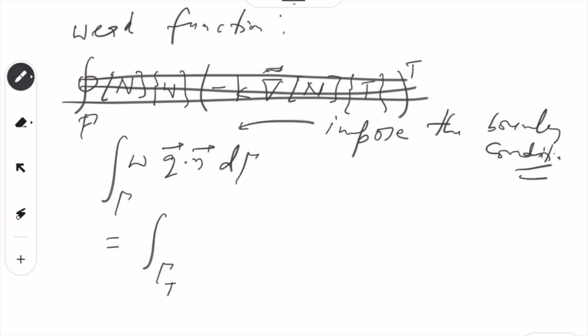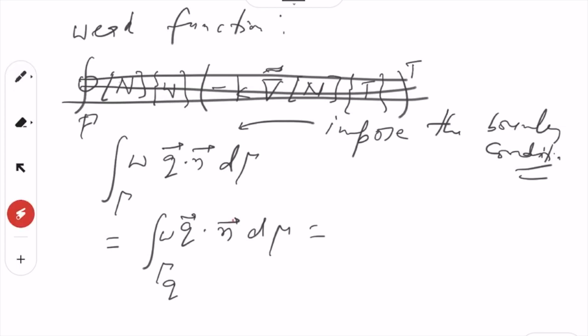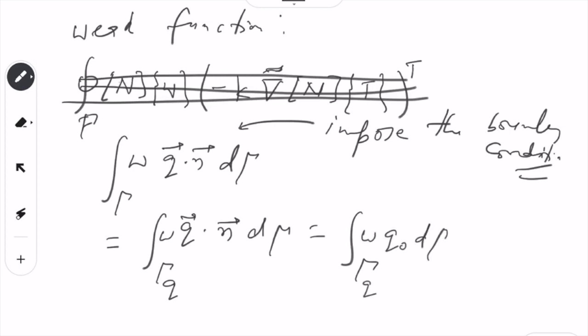So the entire thing will reduce to q dot n, where q is given. We can write this as simply W times q naught, d Gamma naught. This value is given; this is a natural boundary condition.